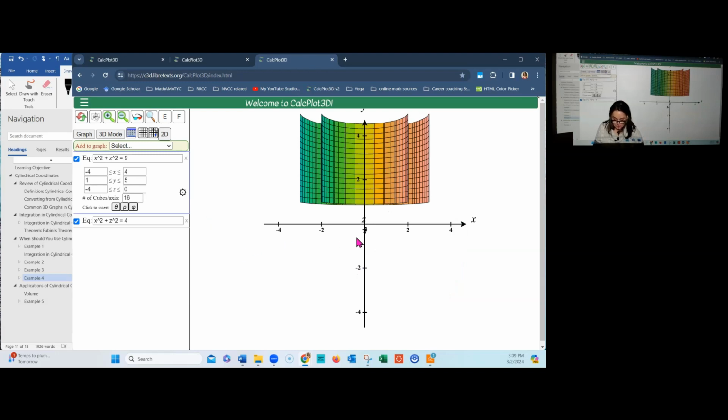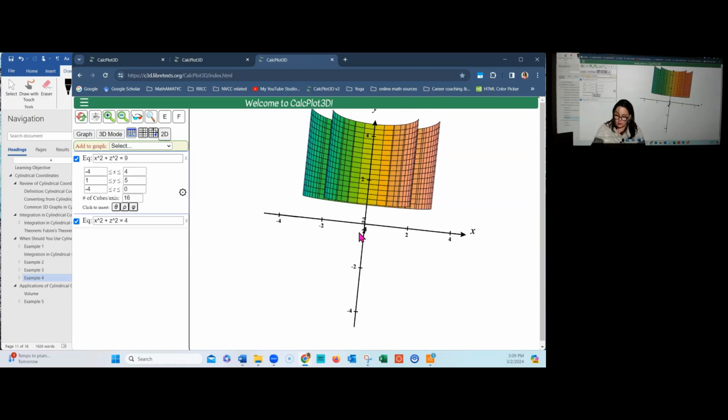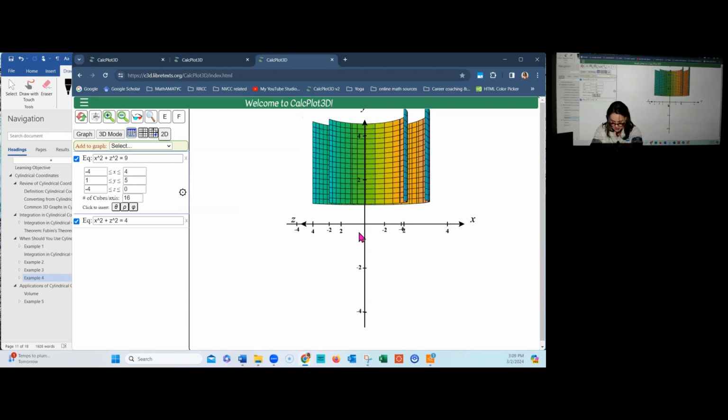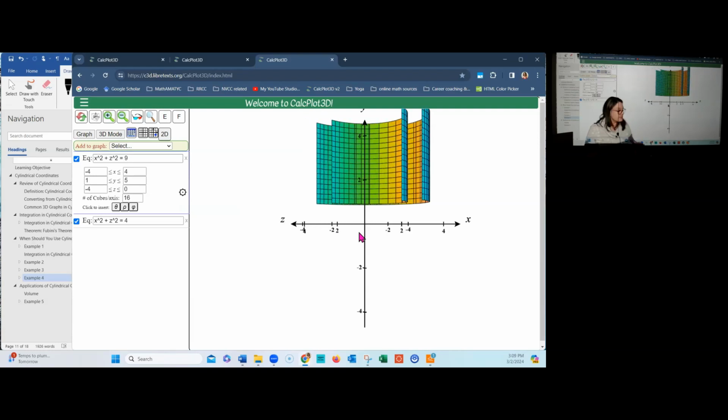So let's rotate about y. When I'm looking at it, can you see that at the lower surface, we have the plane y equals 1, and at the upper surface, we have the plane y equals 5. That means the limits of integration for y will be from 1 to 5.